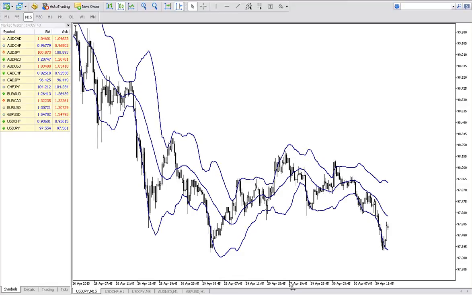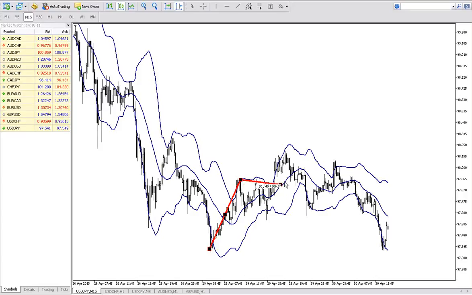Click OK. So as we go back to our previous example, I've got a blatant flag pole there, and then what I'm looking for in terms of the consolidation is a bounce off the bottom Bollinger Band, which I can see there. So I know that this here is not the right upper consolidation trend line to draw.